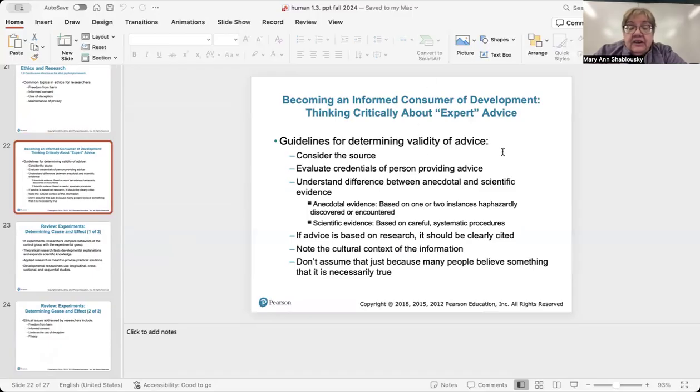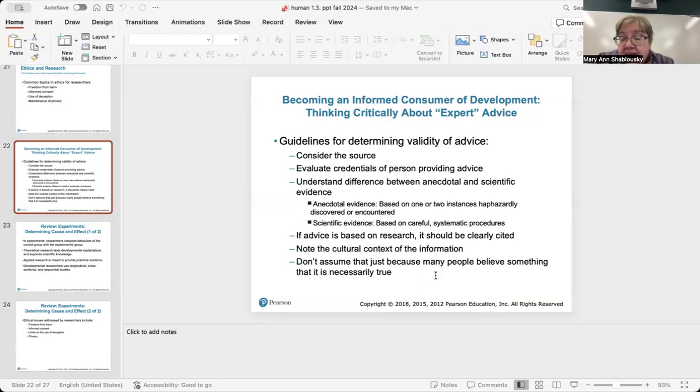Okay. Some other guidelines for knowing if something is valid. Always make sure of what the source is. Joe Schmo's blog isn't the best source for your psychological research. Make sure to check the credentials of the person. Make sure you understand that there are differences between scientific evidence and anecdotal evidence, things that just kind of went together, and look for that correlational research.